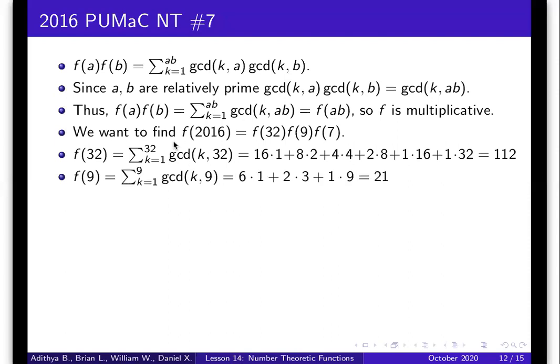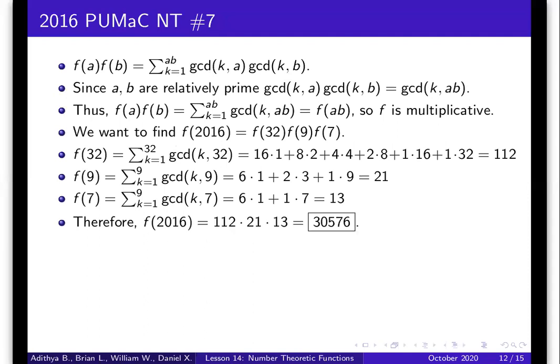And similarly for 9, we get 6 times 1 plus 2 times 3 plus 1 times 9, which is 21. And for 7, we get 6 times 1 plus 1 times 7, which is 13. So our final answer is 112 times 21 times 13, which is 30,576. So does anyone have any questions on this?